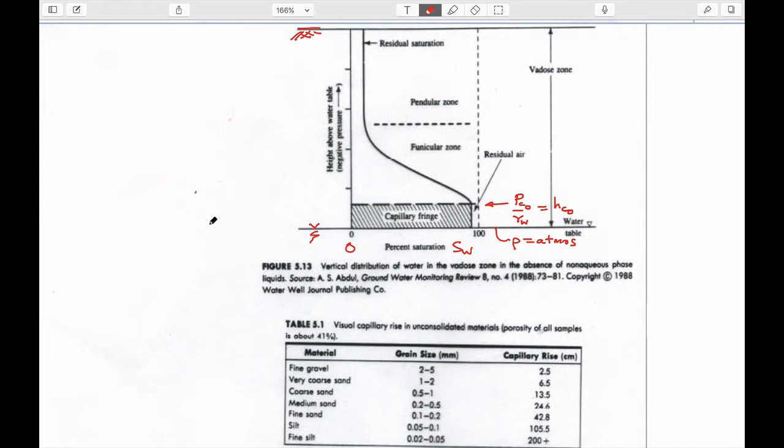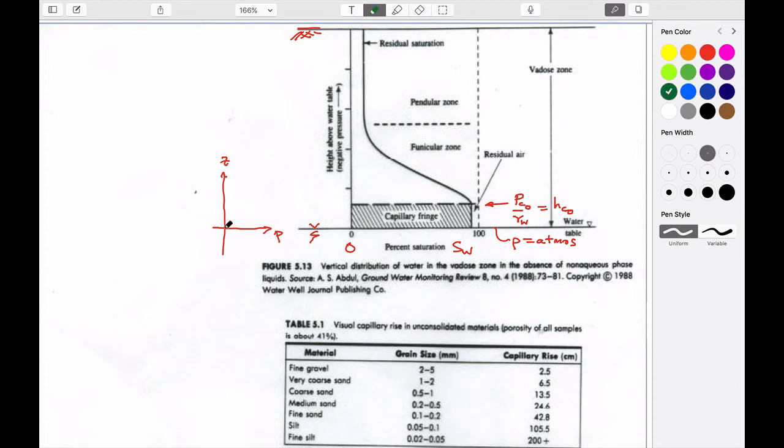If we're going upwards in height, and we've drawn this a number of times before, this is Z, this is P. If we're going upwards, then we'd know that below the water table it's like this, above the water table it's like this, and I guess we know dP/dz, the change in pressure with elevation, is equal to the unit weight.